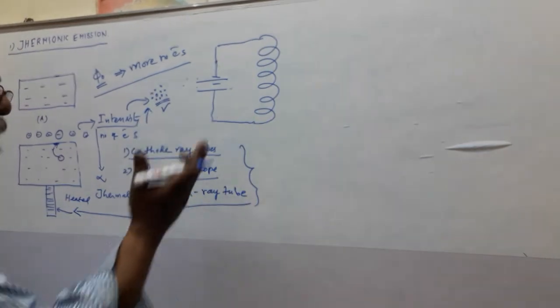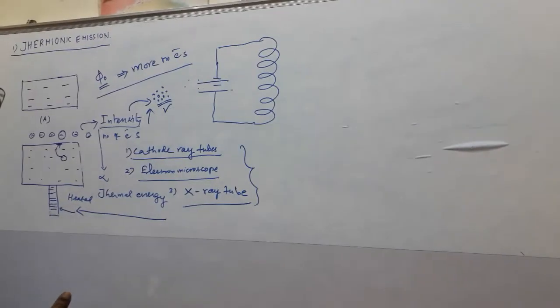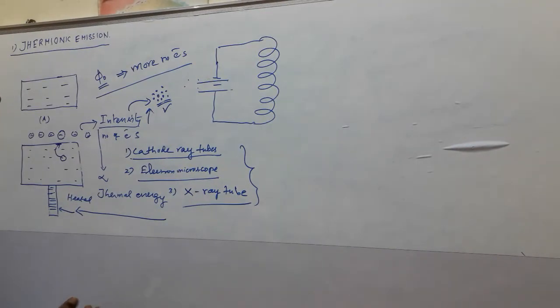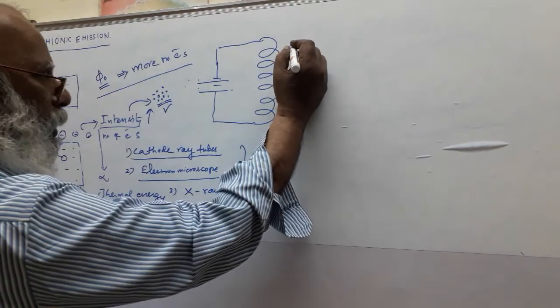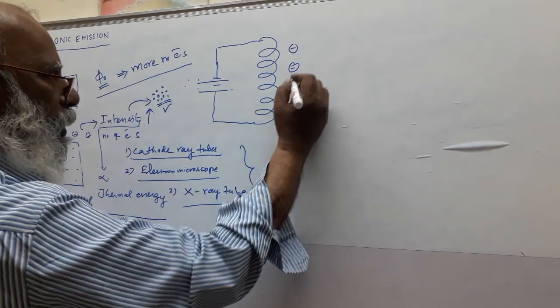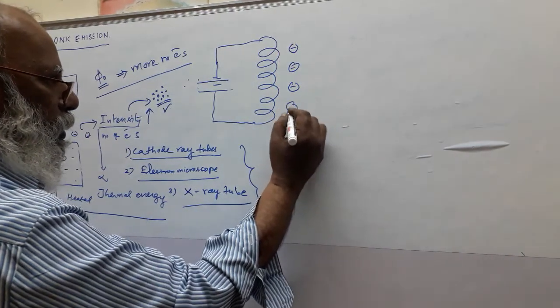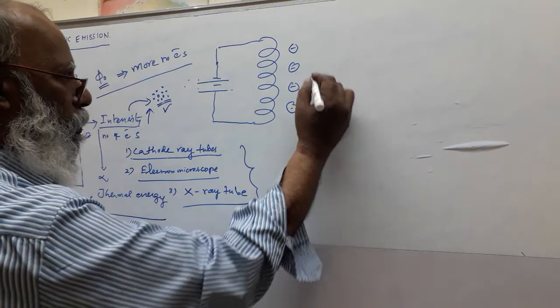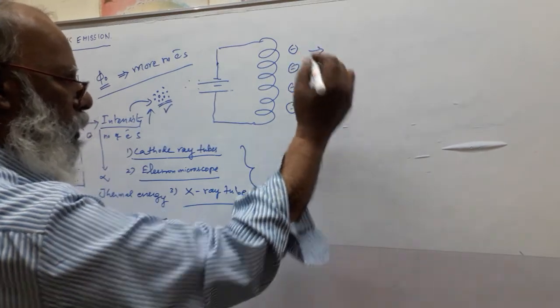Likewise, here this coil produces heat so that it ejects the electrons, and they can move fast.